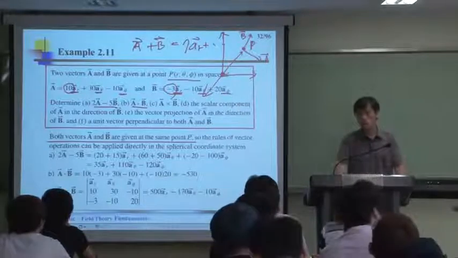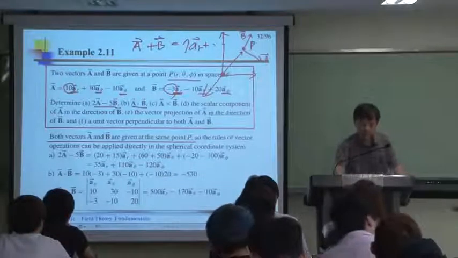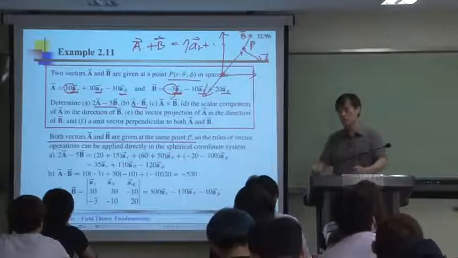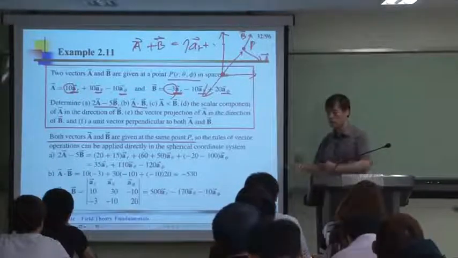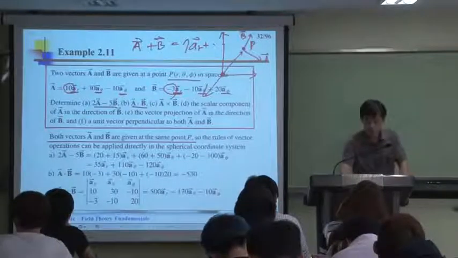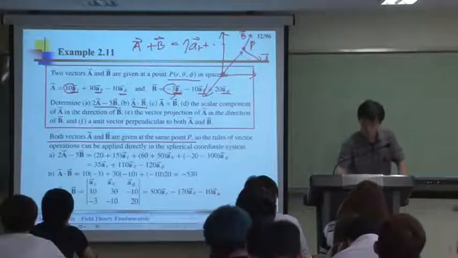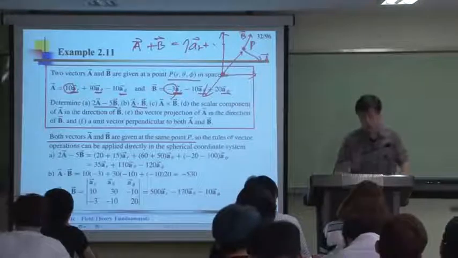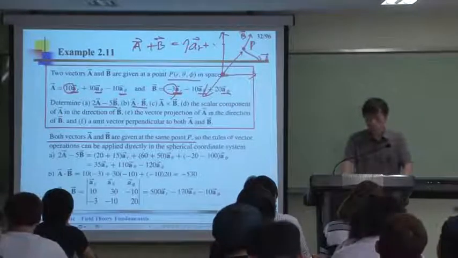That is called the position vector. But it is a special case of the vector. Generally, a vector doesn't need to be always at the origin. So the general vector has nothing to do with the position vector.